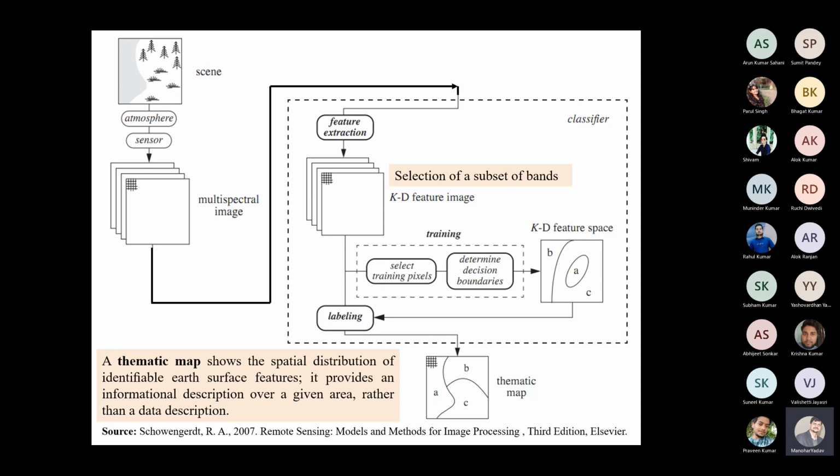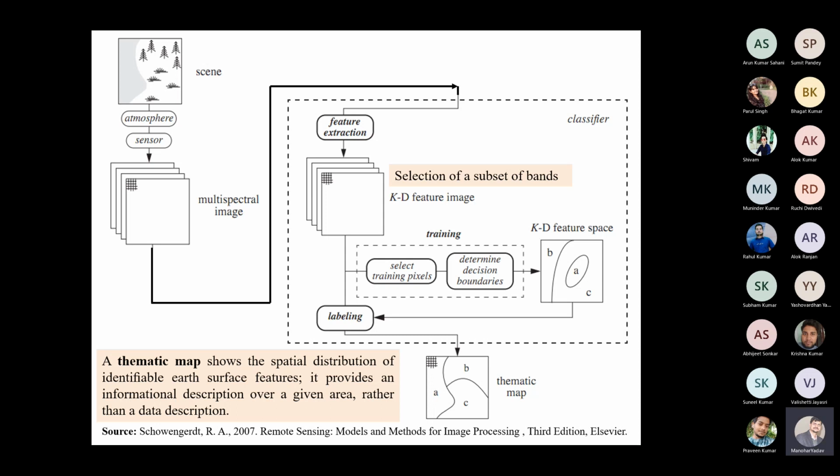Once we have training samples corresponding to these objects, those training samples are plotted in the k-dimensional Euclidean space, and then further we form decision boundaries. We'll see it later on.